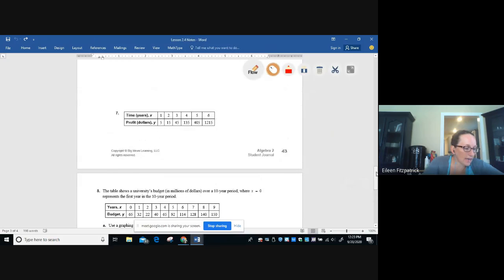So the last set of data as well, you're going to find the differences in the y's, and you can see it increases by 10, then it increases by 30, then it increases by 90, then it's plus 270, then it's plus 810.